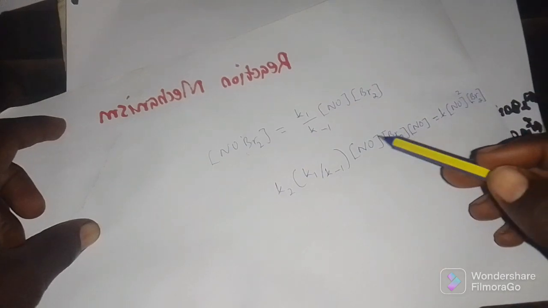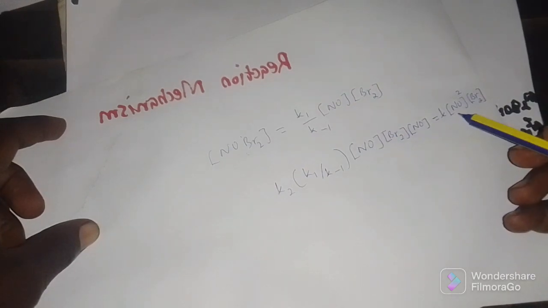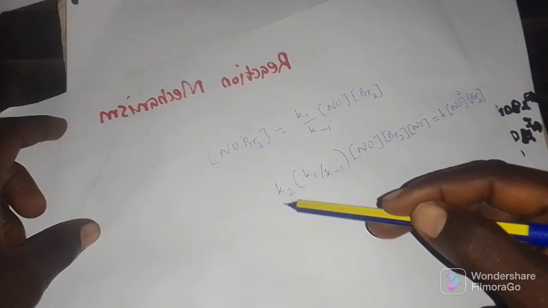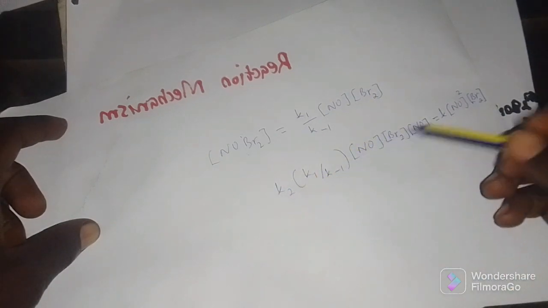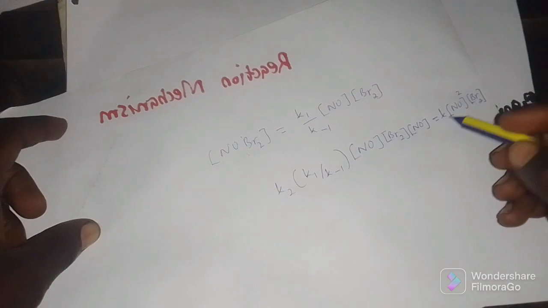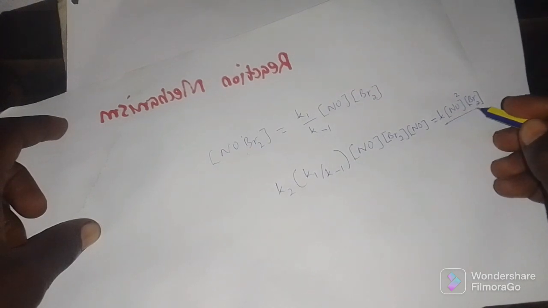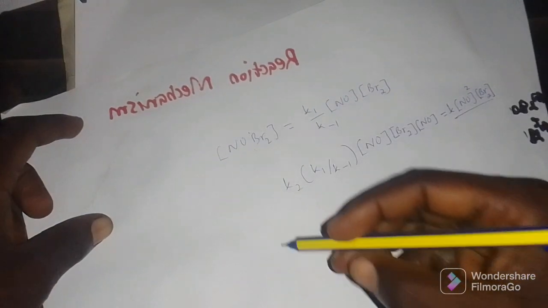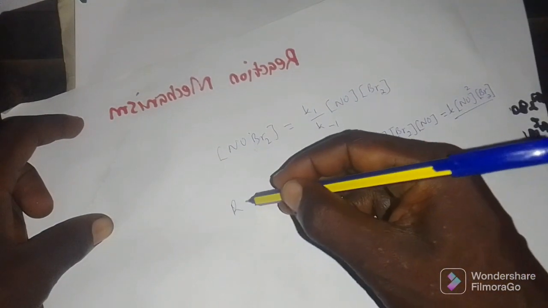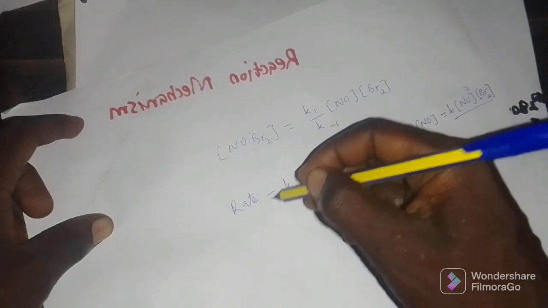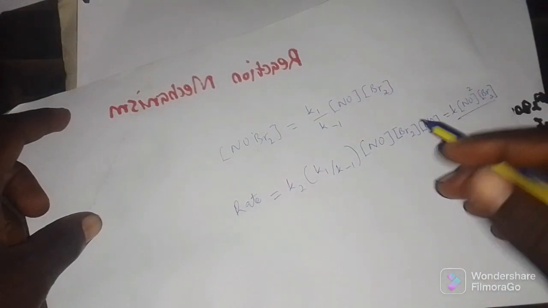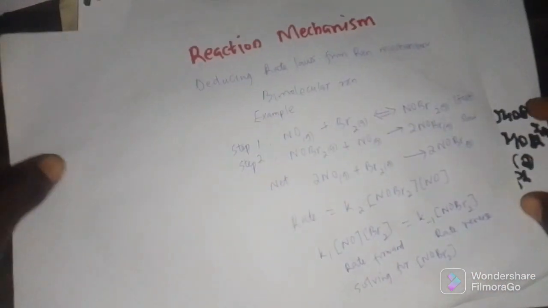Because we have two NOs, we write NO squared, and I place this constant as a single constant, K. This will be the rate law of that reaction. Rate will be equal to this.